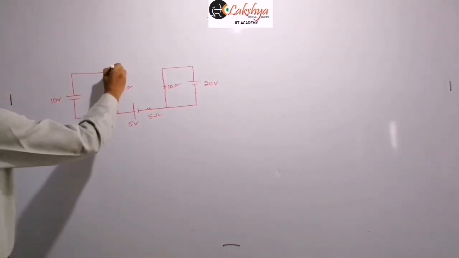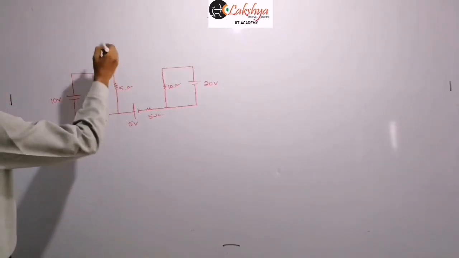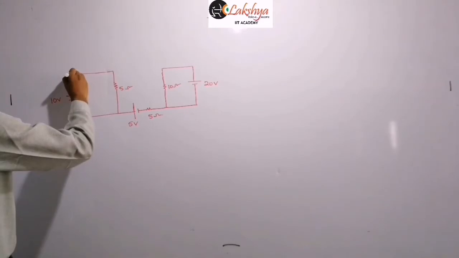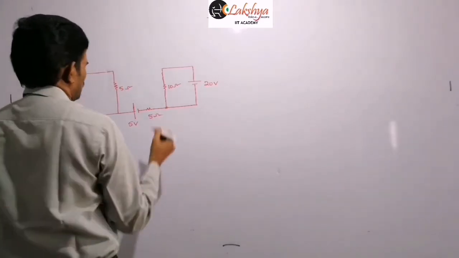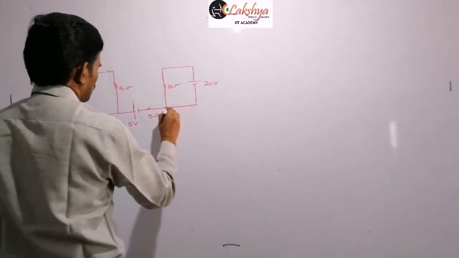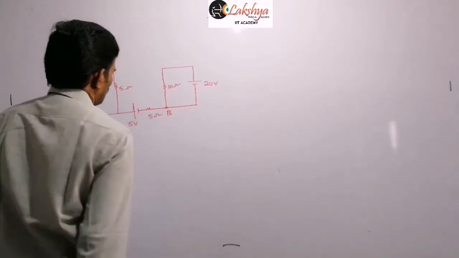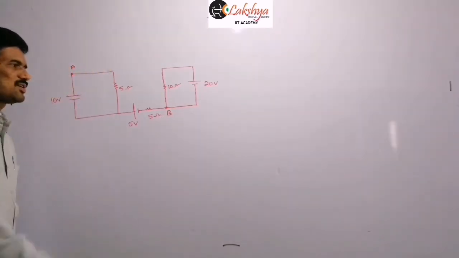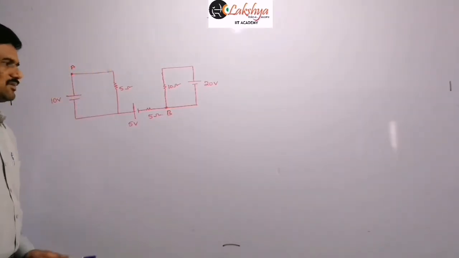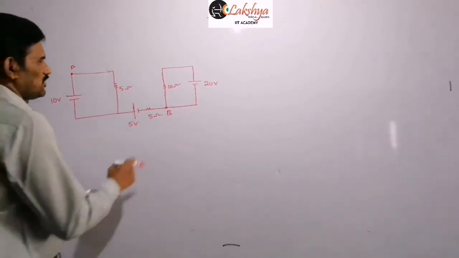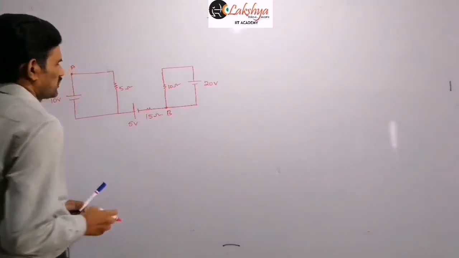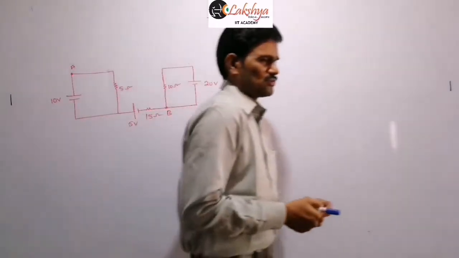And suppose I am taking this is the point A, somewhere I am taking this is the point A, and this is the point B. So we need to find the potential difference between points A and B, and the current flowing through this. So I am taking this as some 15 ohm. So that is the given circuit.